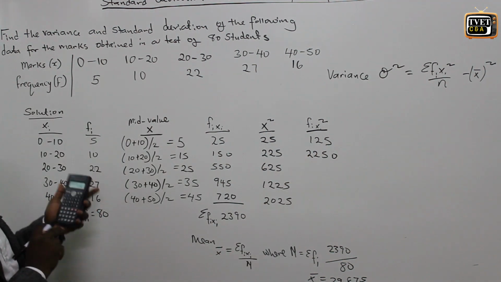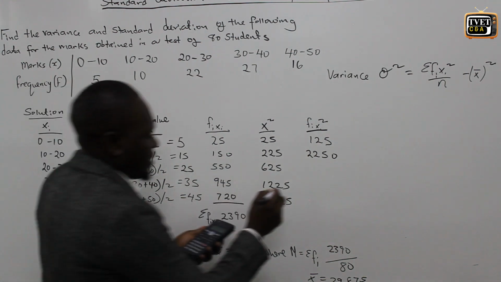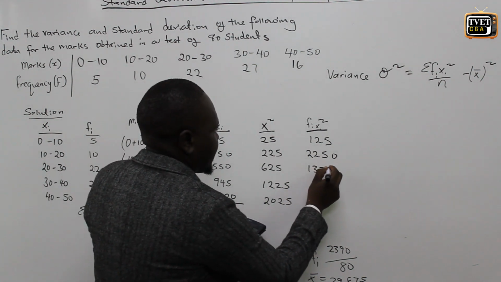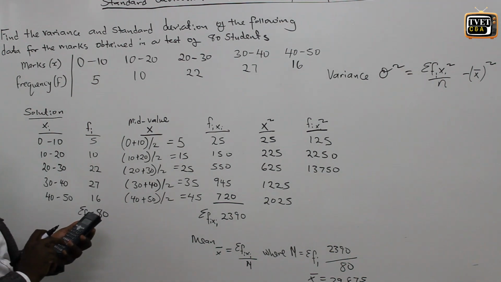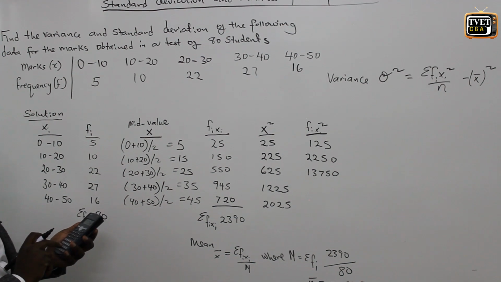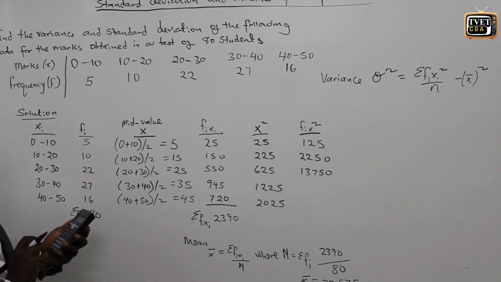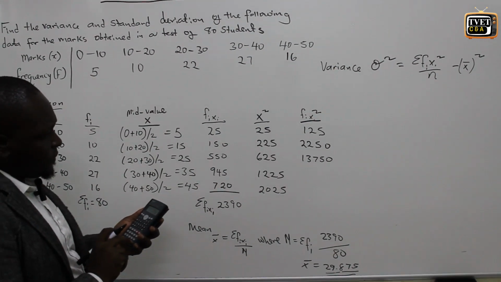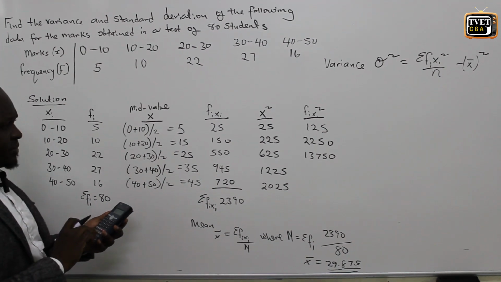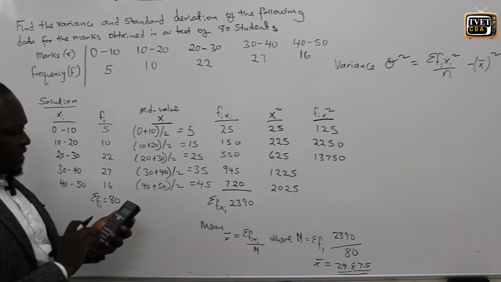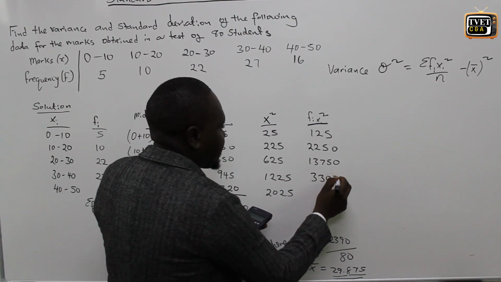The third one is 22 times 625. You'll get 13,750. We have 27 times 1,225. You'll come and get 33,075.